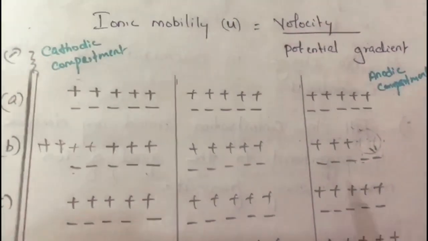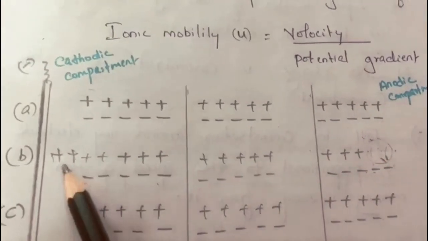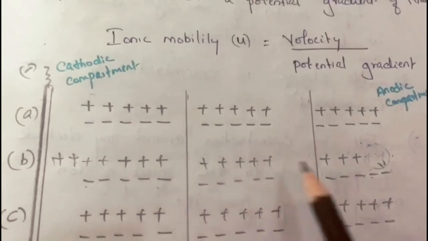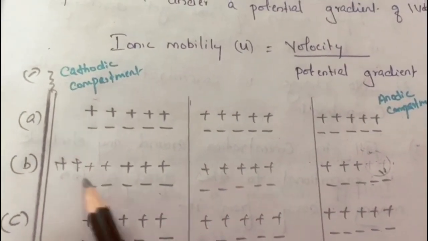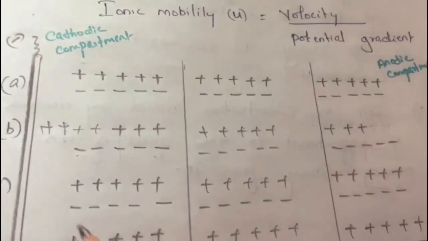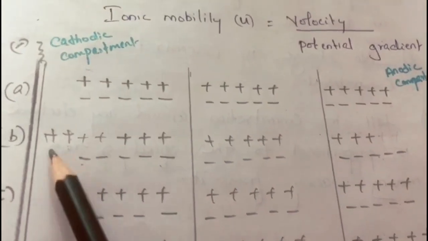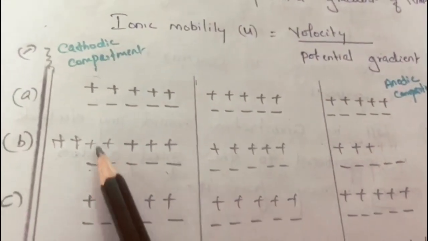Now see here, 2 cations moved from the anodic compartment to the cathodic compartment. Now see what is the total number of ions here. 2 cations are not paired. Here 2 anions are also not paired. What will happen to these unpaired ions? Unpaired ions will always discharge at the anode or cathode. Paired ions will remain like that.